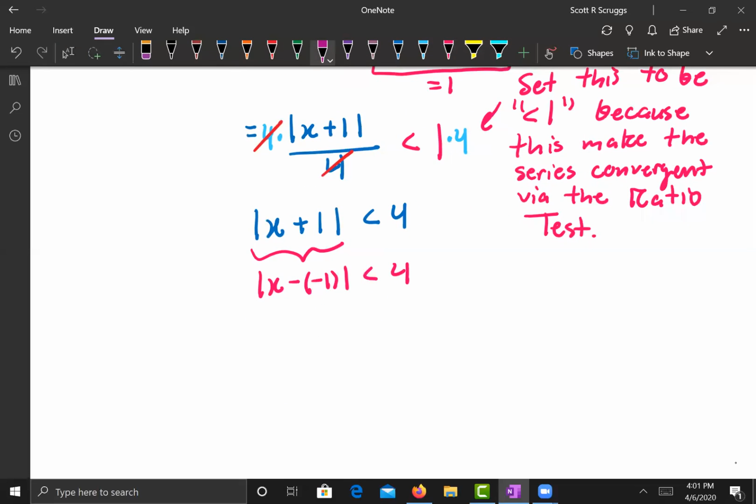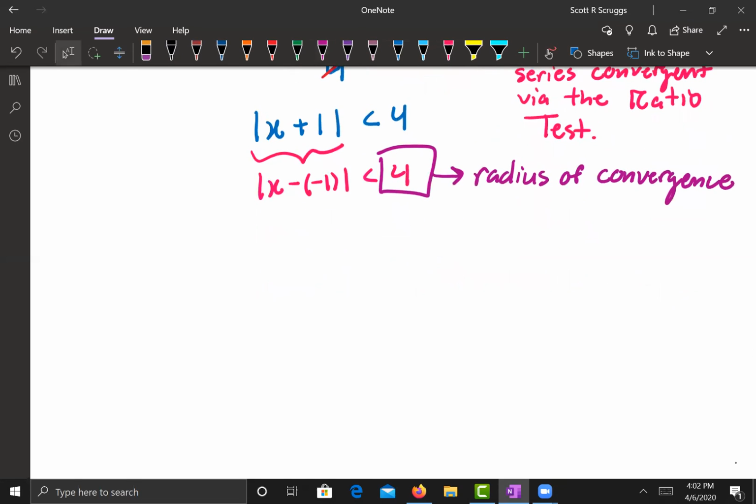And now we have a way to zero in, because we now have that the radius of convergence is 4, which means starting at -1, I could boldly go 4 distances away, both left and right, to assume that I have convergence.